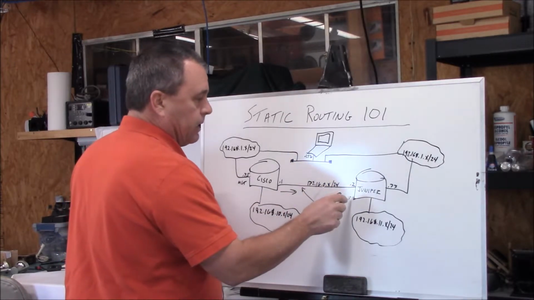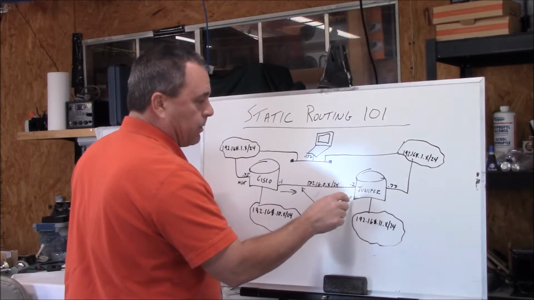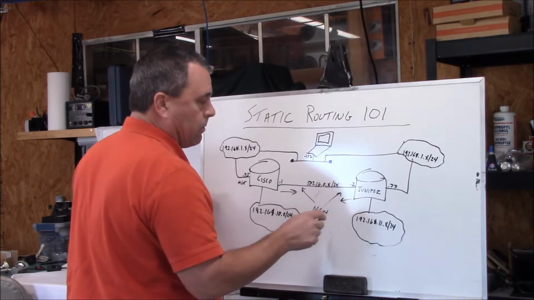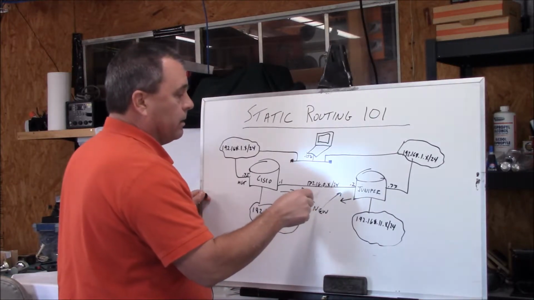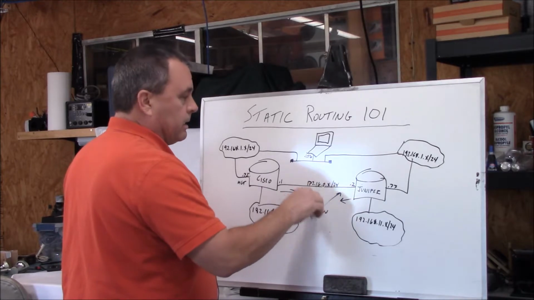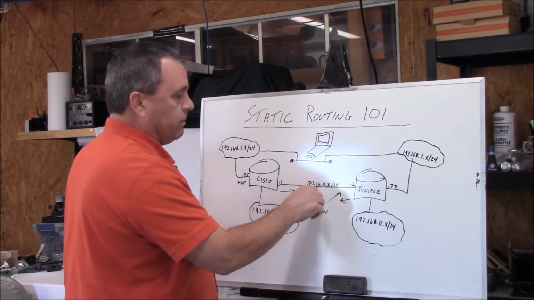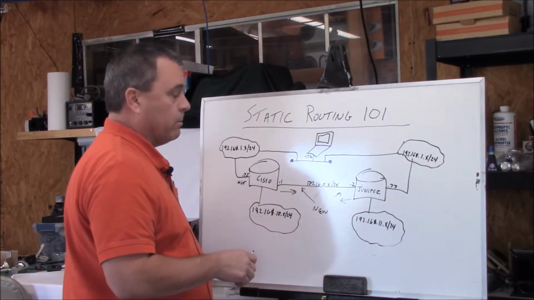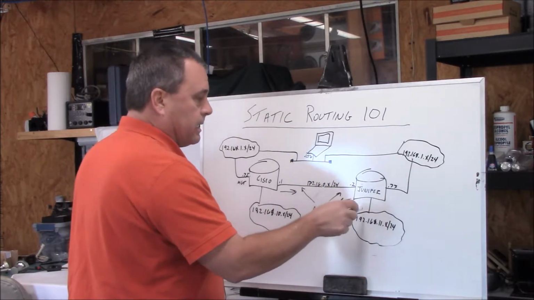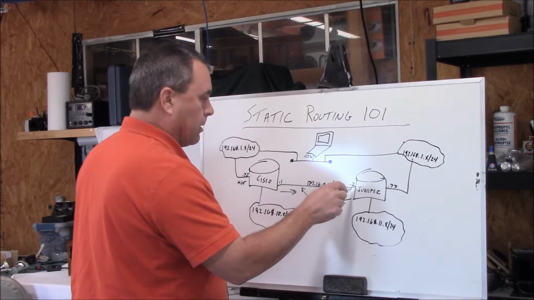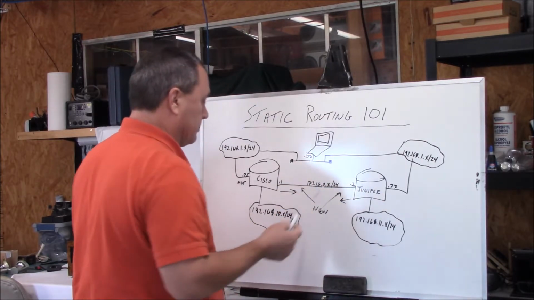And in the Juniper, you say, if you want to get to the 10 network, you've got to go that way. And it's not obvious to the routers because there's a 172.16.0 network right in the middle. So you have to tell it, the 10 network is going this way.